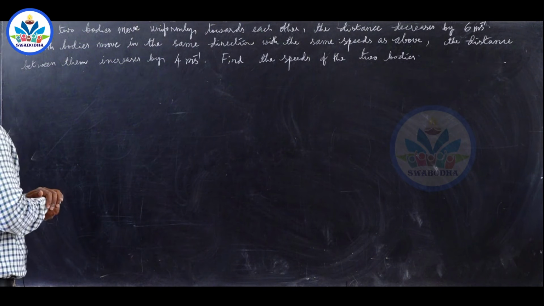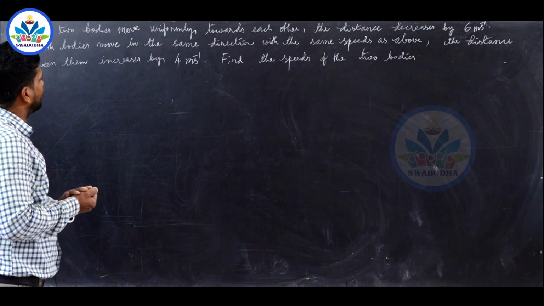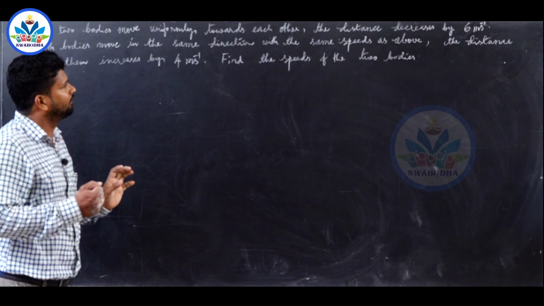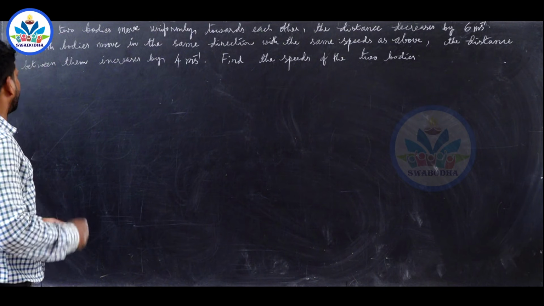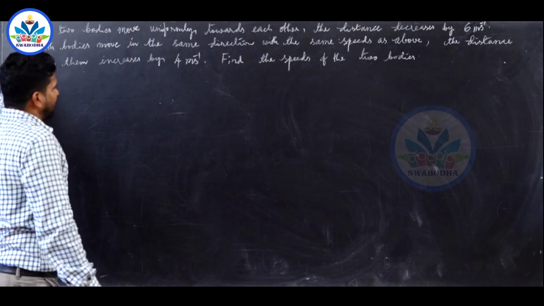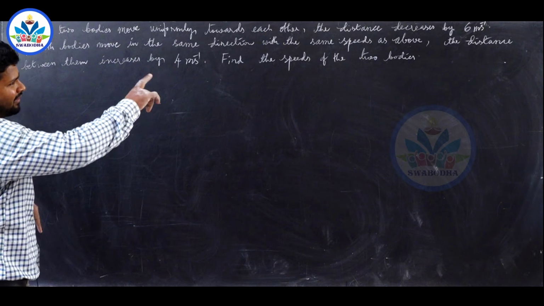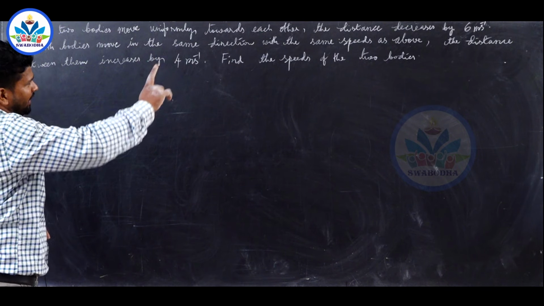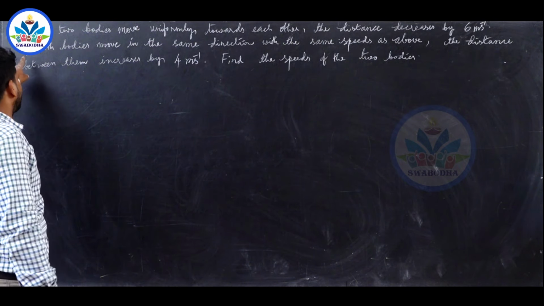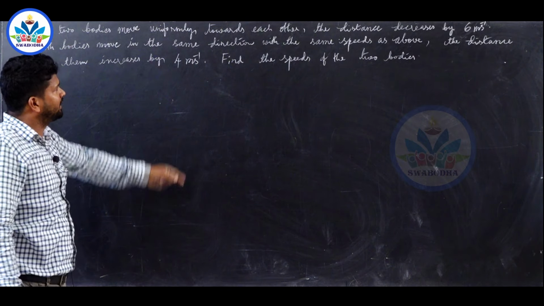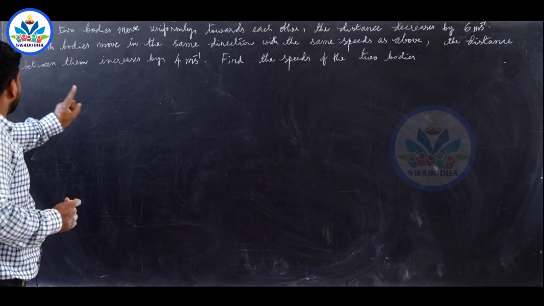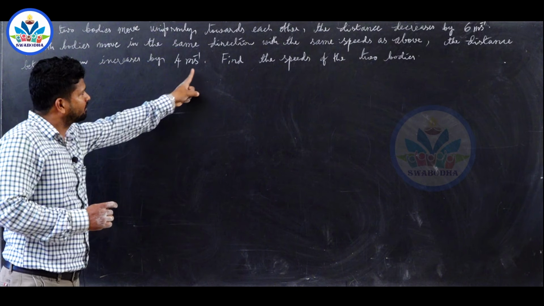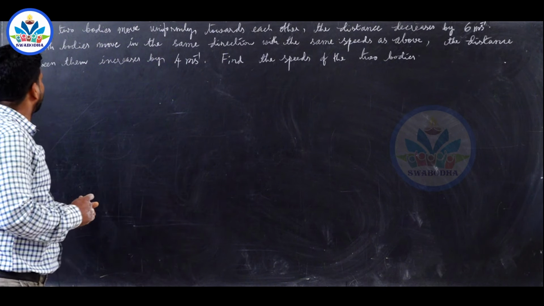Let me read. When two bodies move uniformly towards each other, means they are traveling in the opposite direction, the distance decreases by 6 meter per second. In 1 second, the distance decreases by 6 meter. If both bodies move in the same direction with the same speeds as above, the distance between them increases by 4 meter per second.